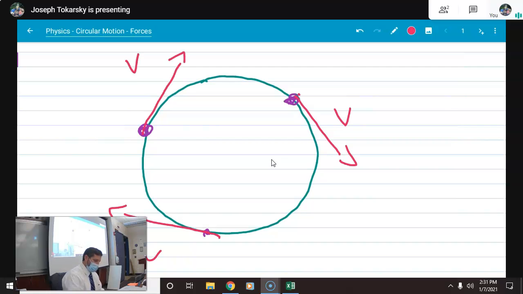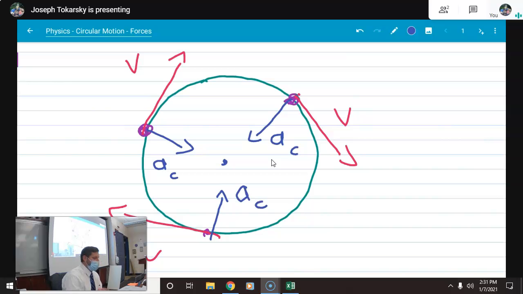We again should already know that the acceleration vector points towards the middle of the circle since it's centripetal. So I'll call that A with the subscript C on it. But the force we already said is also centripetal. That means towards the center. Force is always directed in the same direction as acceleration.